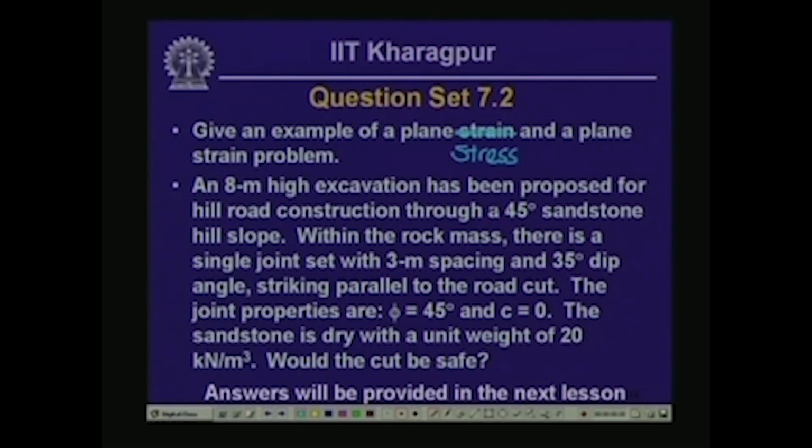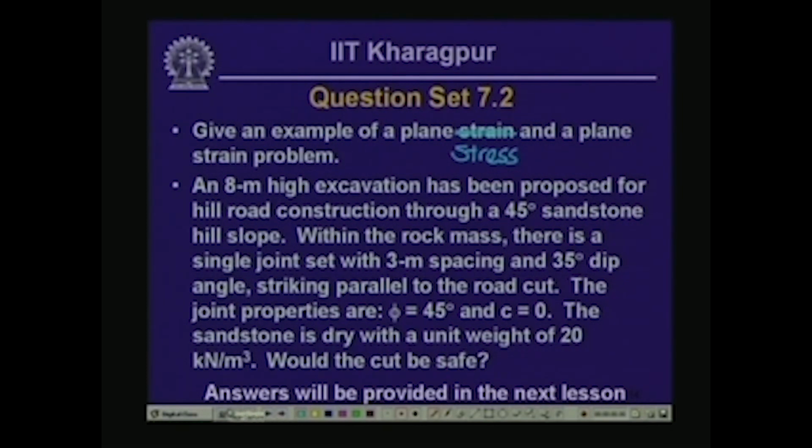It involves an 8-meter high excavation for a hill road construction through a 45-degree sandstone hill slope. Within this rock mass there is a single joint with 3-meter spacing and 35-degree dip angle striking parallel to the road cut. The joint properties are given there, phi equal to 45 degrees and c equal to 0. The sandstone is dry with a unit weight of 20. Would the cut be safe?